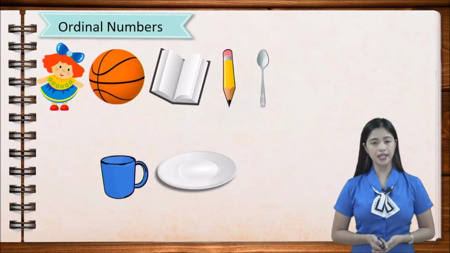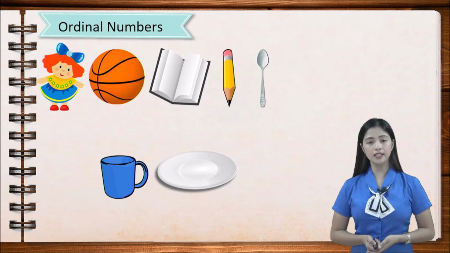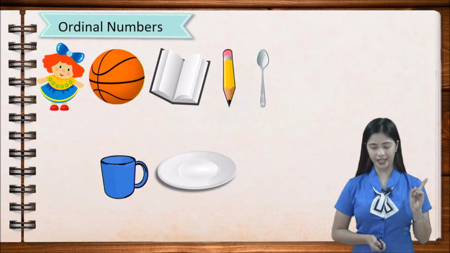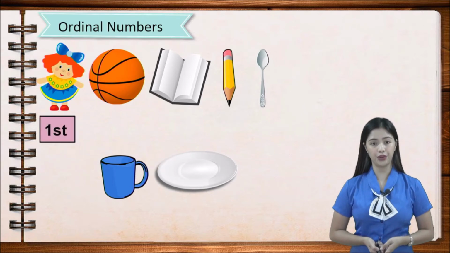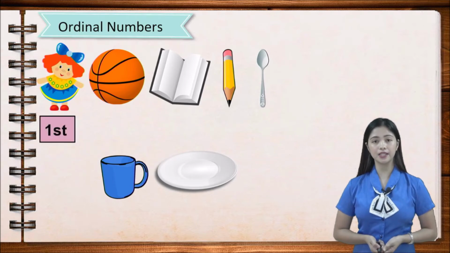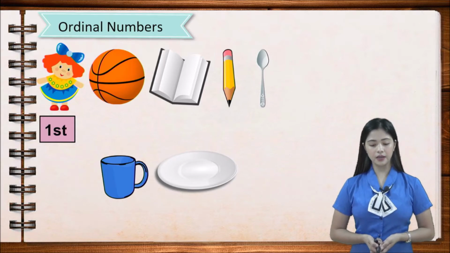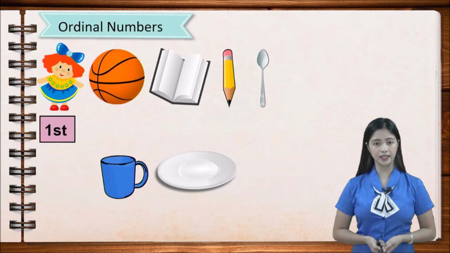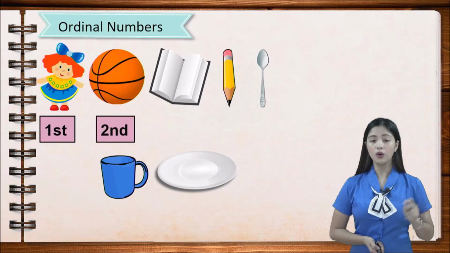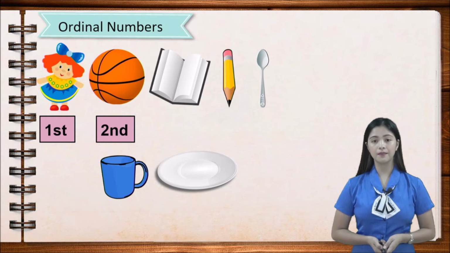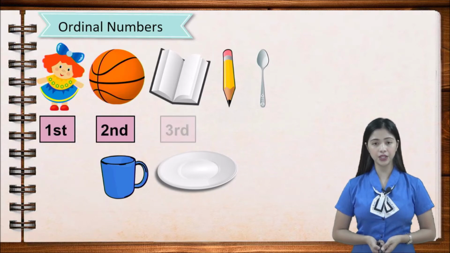In this set, the doll comes first, so we address it as first. Because it ends with 1, we add ST. And then the ball comes second. Because it ends with 2, we add ND. And the book comes third.